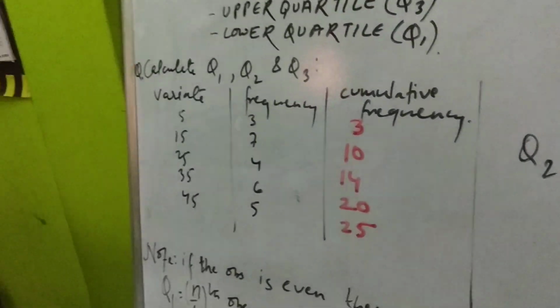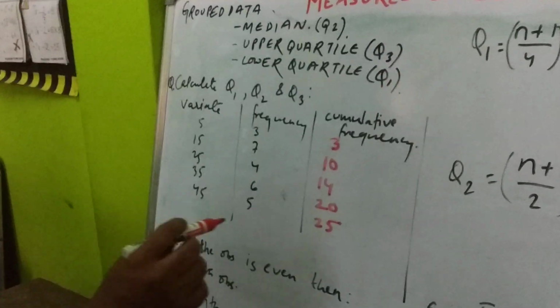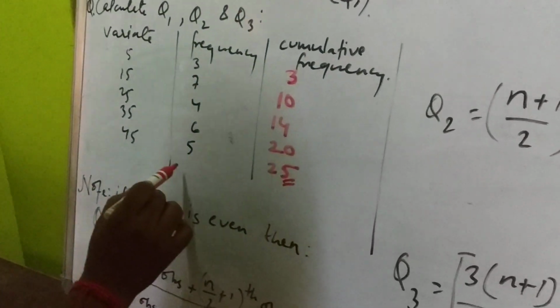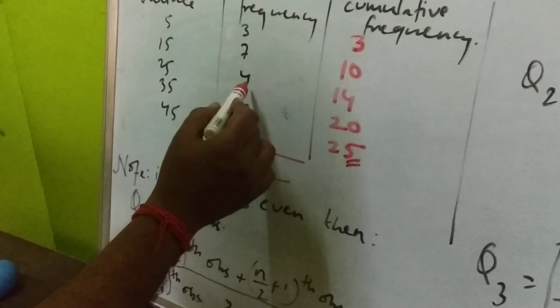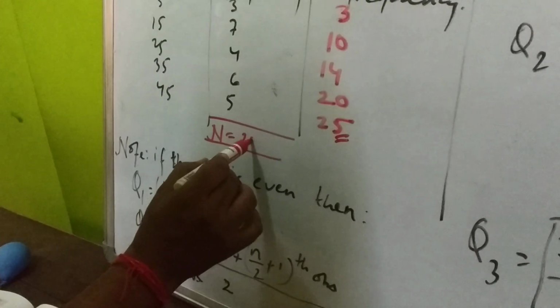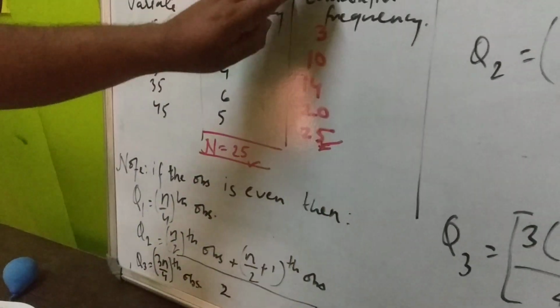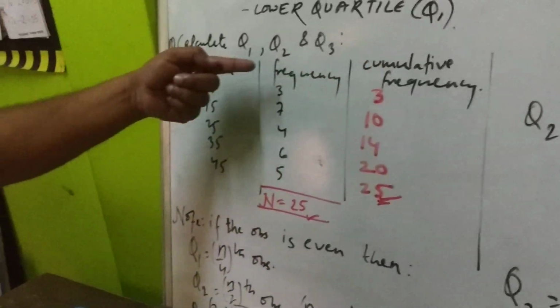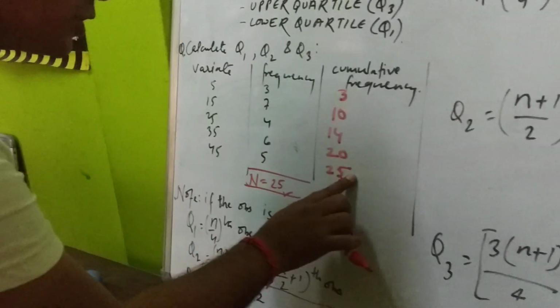Now we have to look into this last number and add up our frequency over here. So if you add up 3 plus 7, 10, 10 plus 4, 14, 6, 20 plus 5 is 25. If this number is matching with the last number of the cumulative frequency, you have calculated it correctly. So you should always add up this frequency separately so as to cross check whether your calculation of cumulative frequency is correct or not.